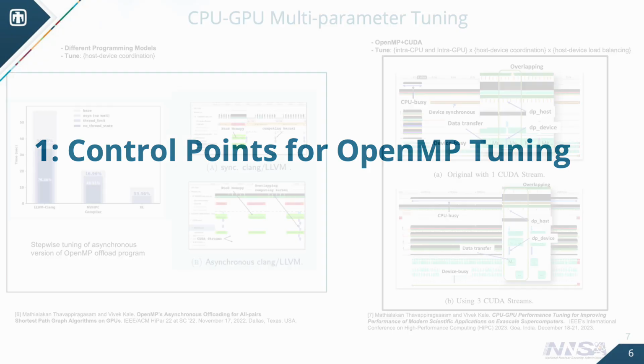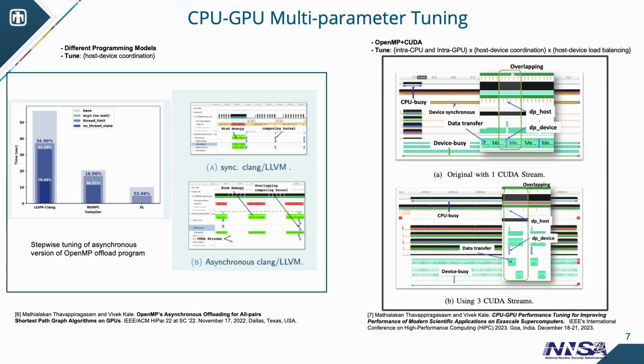Thinking of just one GPU, these plots on the left show a stepwise tuning of an asynchronous version of an all pairs shortest path graph algorithm implemented in OpenMP offload.